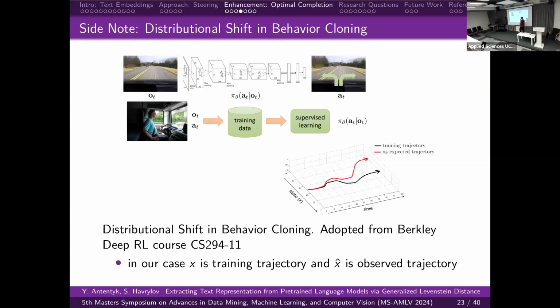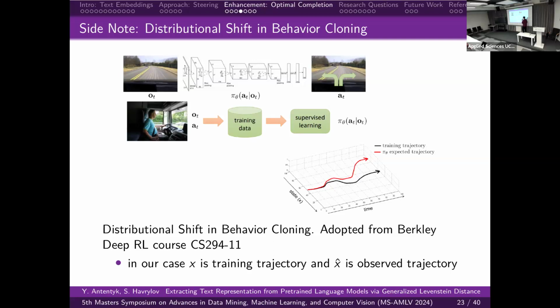We have an agent, for example a smart car, and it observes the state it is in, and it trains a neural network which produces the action which the car should take in this particular step. The idea of behavior cloning is that you would like to mimic the behavior of a human expert. So you record the actions of a human expert and you train a policy.